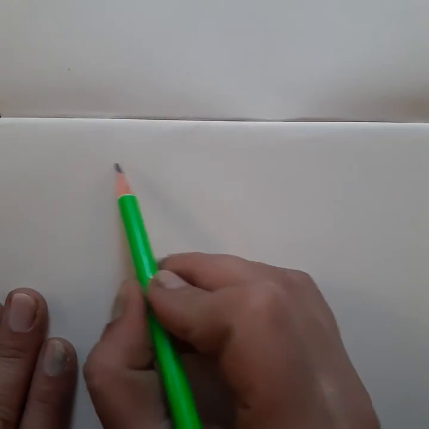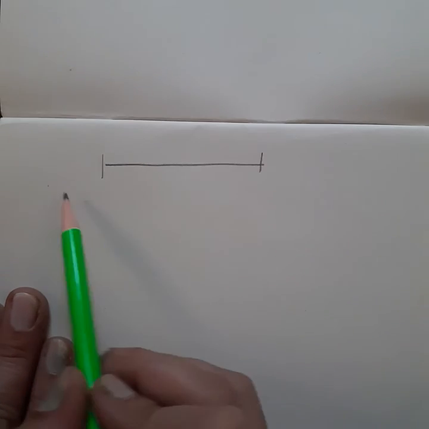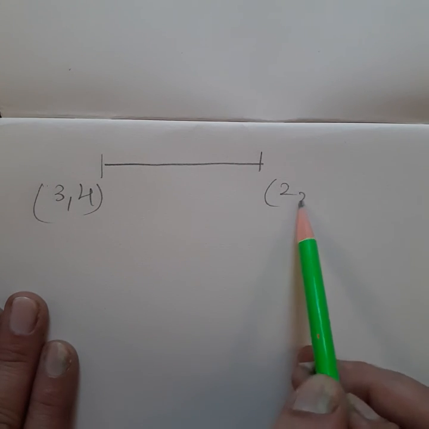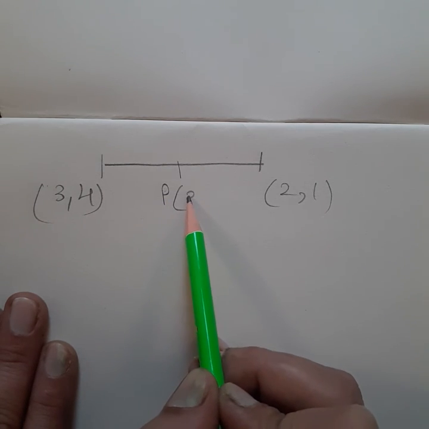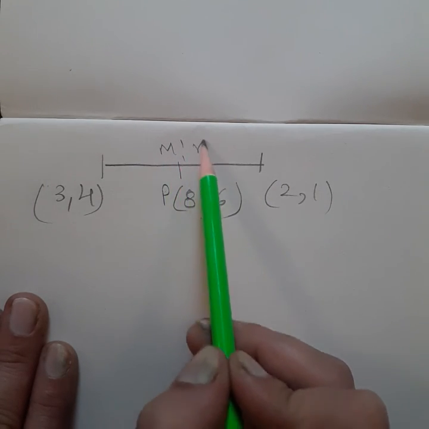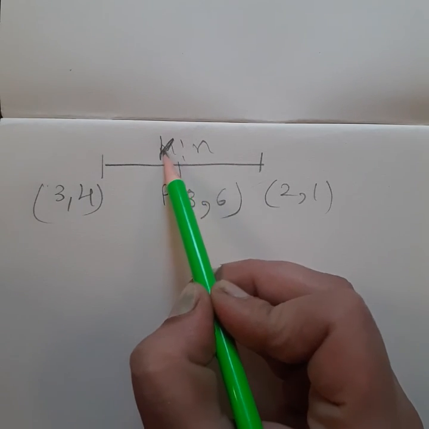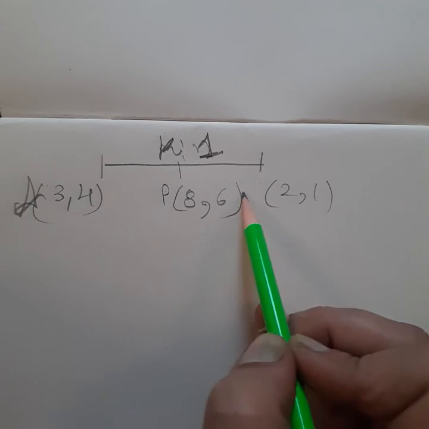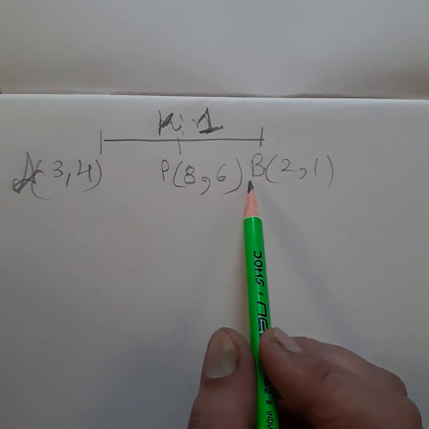Okay, for example, if we are given a line in this way, suppose you have the points like (3, 4) and (2, 1), and we are given the point also like (8, 6), then how we can find this ratio. Okay, and in this case we have to write it as k ratio 1. You can give any name to the points, and we have to apply the same formula.